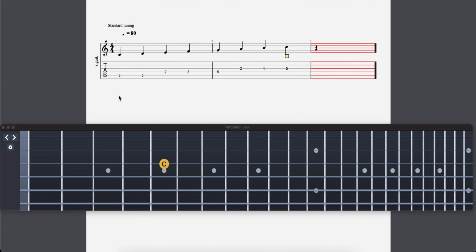I know I probably didn't word that correctly, but without naming notes, you can also say, well, I'm on the 3 of the key of C, or I'm on the 1, where we're going to stay on the 1. All that means is to stay on C.